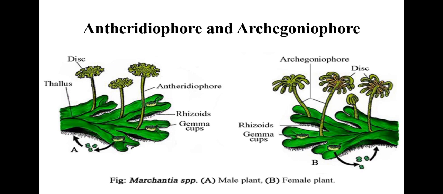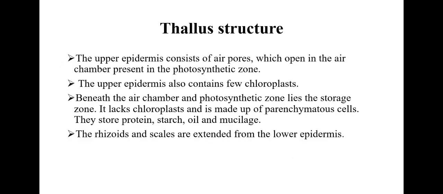The structure of the disc is different in some aspects. A is the male, that is antheridiophore, and B is the female, that is archegoniophore.